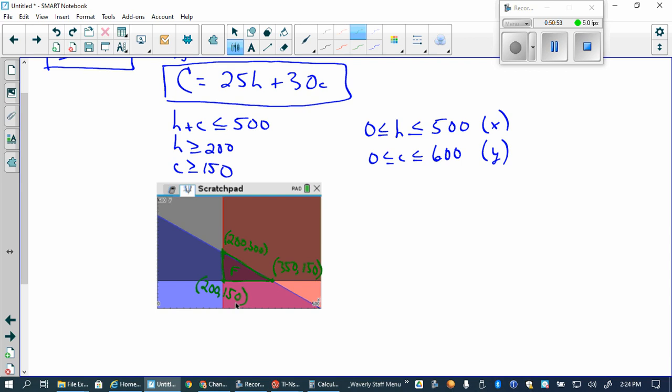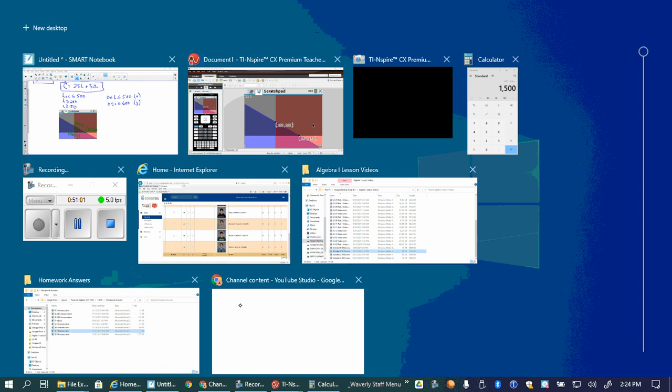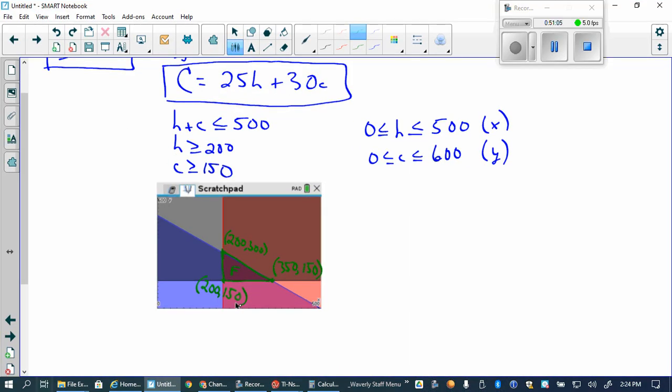All right. So now we have to test these points out in our objective function, right? And we want which one? Not the max, but the least cost, the minimized cost. All right, so let's start plugging these in. So maybe the 200, 300. So C equals 25 times 200 plus 30 times 300. What do you get there?